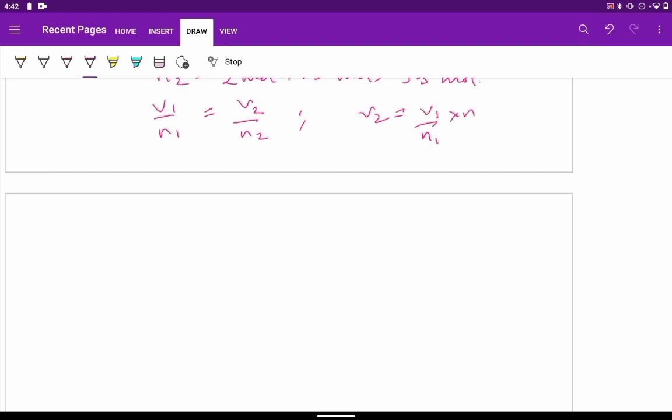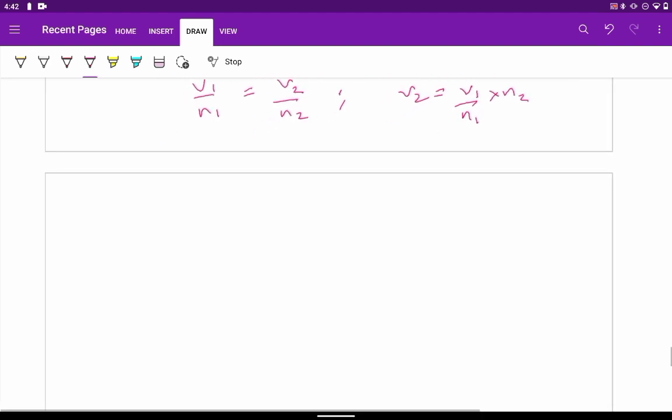Putting the values, what was V1? V1 2.5 by N1 is 2 into 3.5 because N2 is 3.5. On calculating we get this as 4.375 liters. So this is V2.